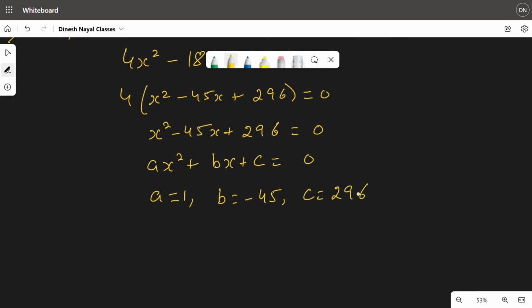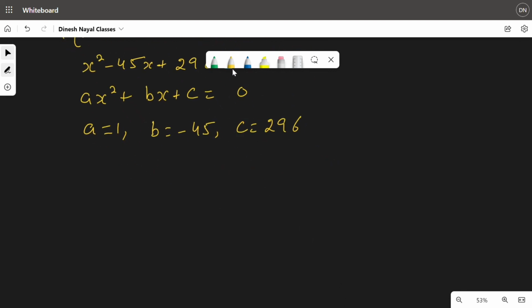So finding the discriminant first. The discriminant D equals b square minus 4ac, that is minus 45 whole square, minus 4 into 1 into 296.